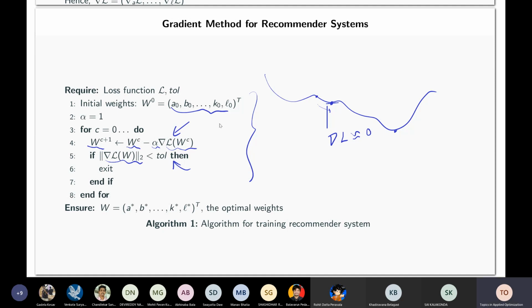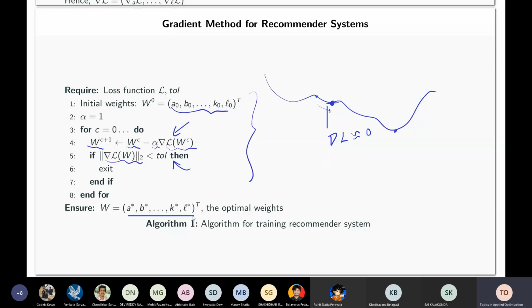So you are guaranteed to go to a local minima, and the W values that you get after optimizing are the values of your P and Q matrices. In other words, you have learned how to recommend.